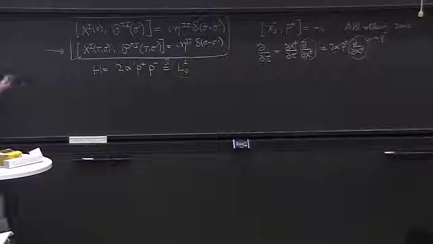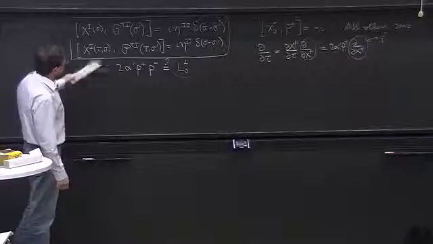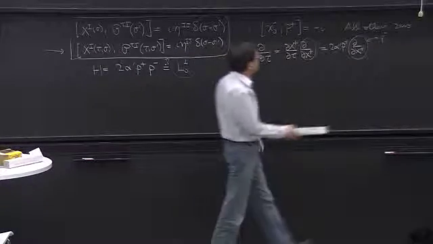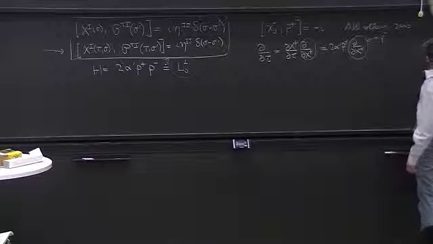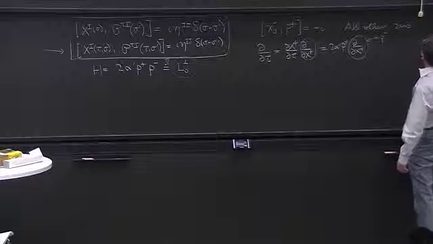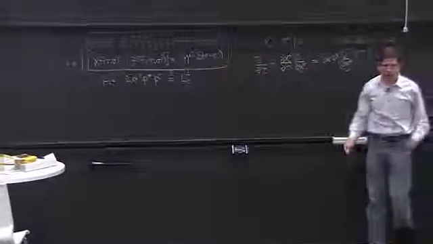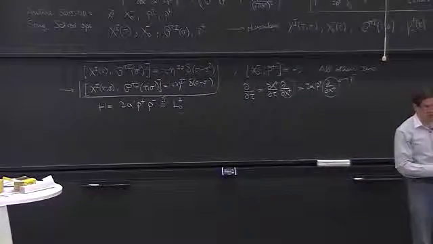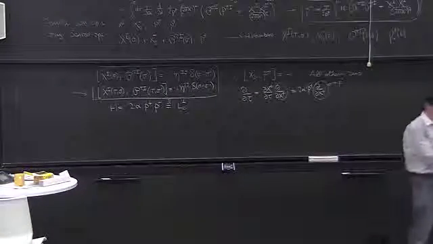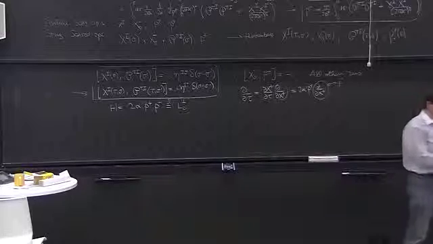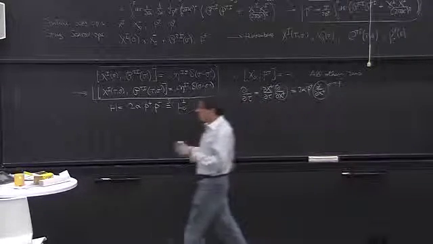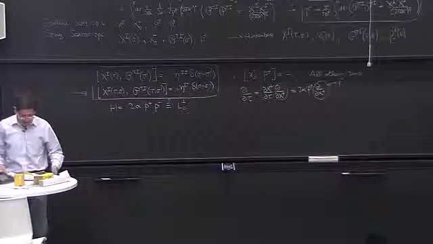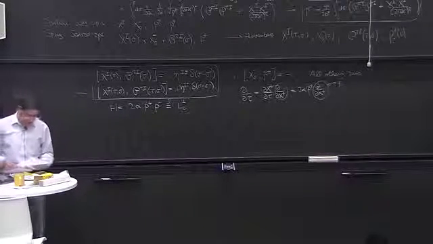There's another thing that happens here: you're multiplying operators at the same point. These are at sigma, and sigma, and sigma. And multiplying operators at the same point in quantum field theory is problematic, and we're going to get into those problems now. Happily, it's very tractable and you can put them all together very nicely.